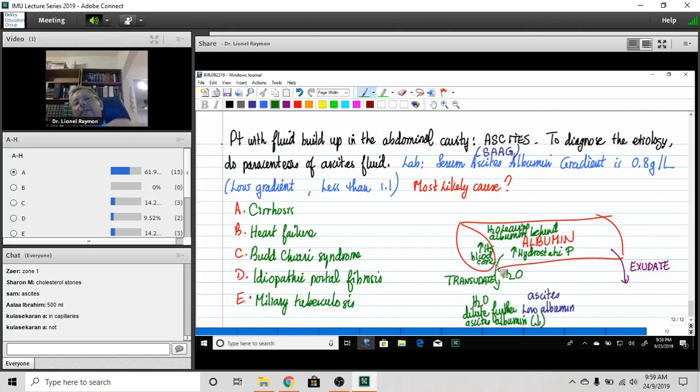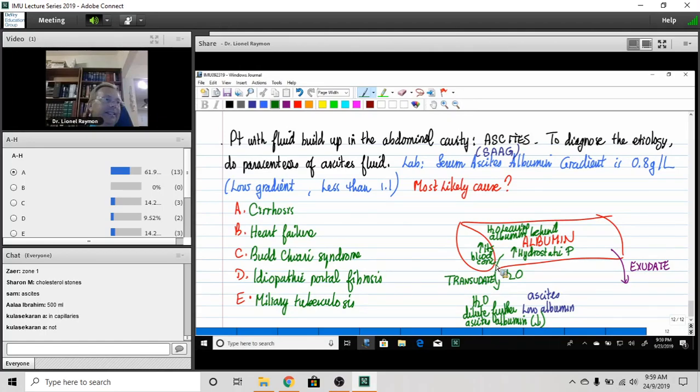Is everyone okay with what would happen to albumin concentration inside the vessel and outside the vessel if it was a transudate? Water leaves, blood albumin gets more concentrated. As the water leaves into the extracellular space, then obviously the albumin in ascites gets diluted.